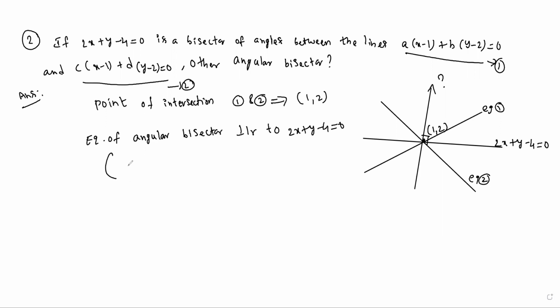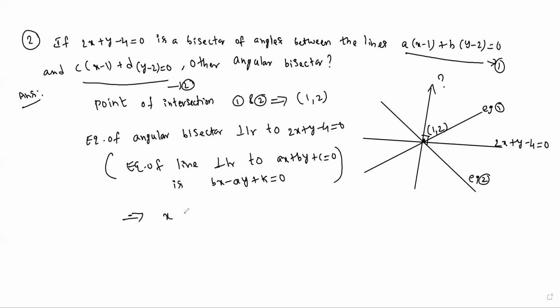We already have the formula: the equation of a line perpendicular to ax plus by plus c equal to 0 is, the coefficients interchange, bx minus ay plus k equal to 0. Same process, because we already know the point through which all lines are passing. Now the equation we get is: b is 1, so 1 into x, a value 2, that is minus 2y plus k equal to 0. This is the required equation.